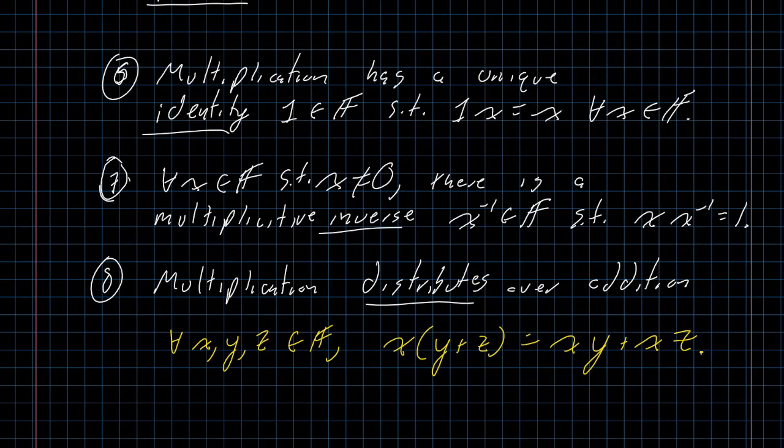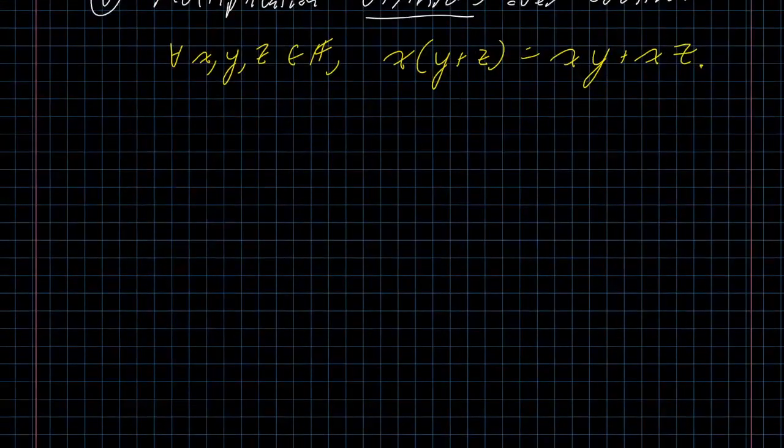But we get all those things, and then we have a field. Right? A couple of nice properties of numbers that you should be familiar with fall out just from that definition.